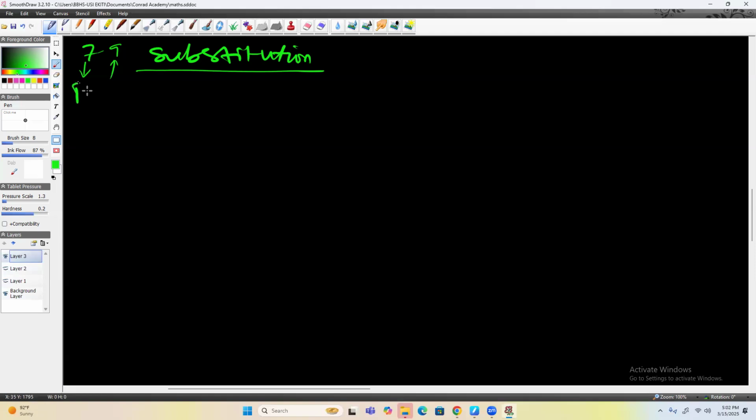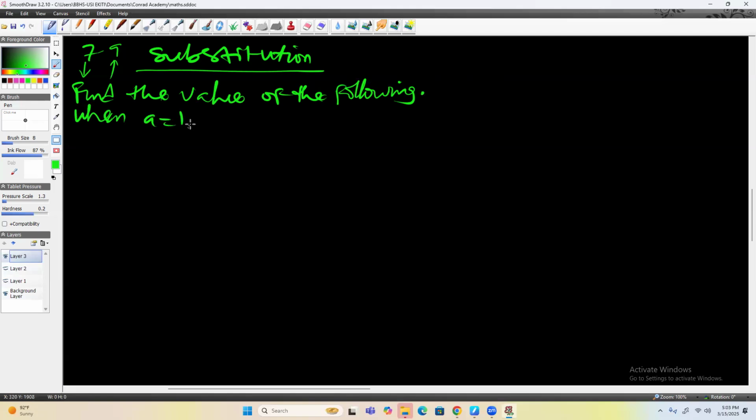So for example, find the value of the following, when A is equal to 1, B is given as 2, and C is equal to 3.